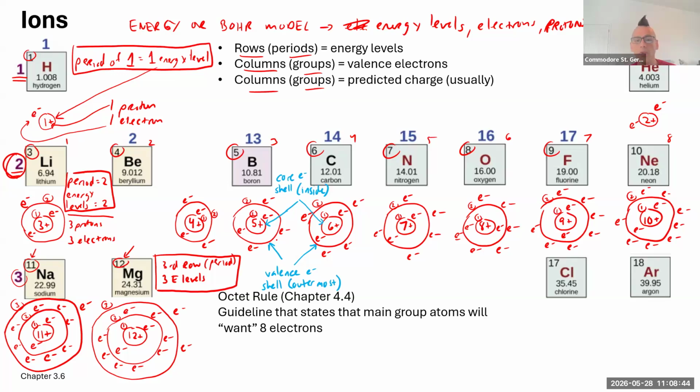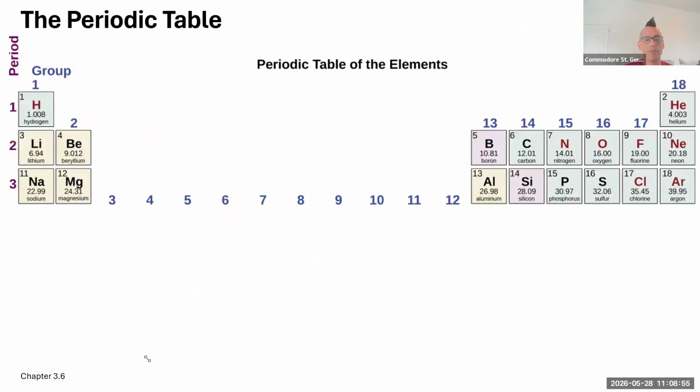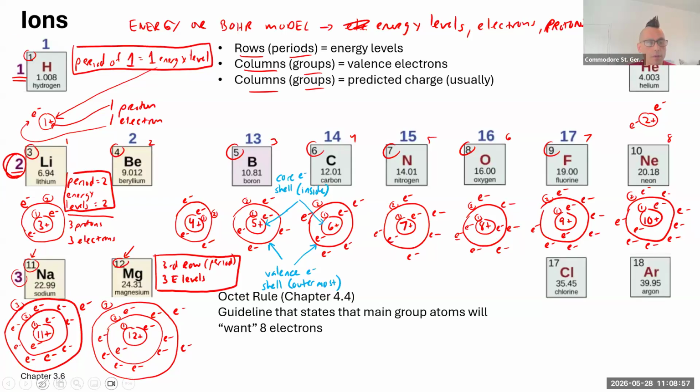And let's skip all the way to chlorine. Let's see a trend here. All right, I'll be flipping back and forth, but let me do this in green. Here we have one valence electron.